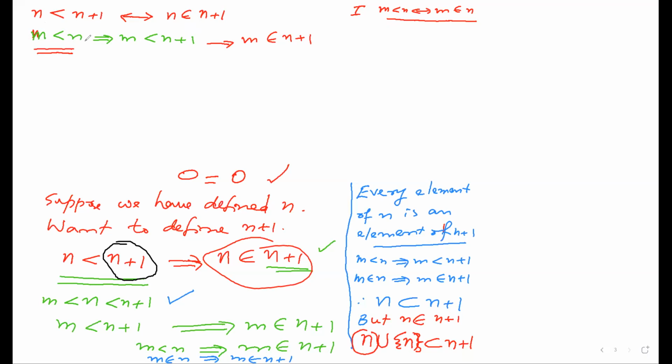Every element of that set is in n plus 1. All right. So, but this means what? M contained in n implies m contained in n plus 1. So, this means that we have, therefore, n is a subset of n plus 1.